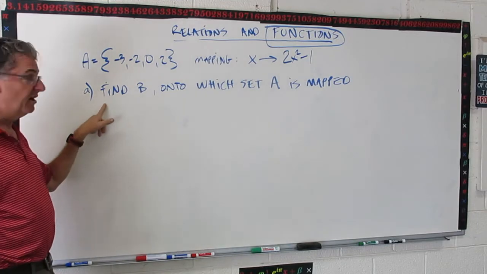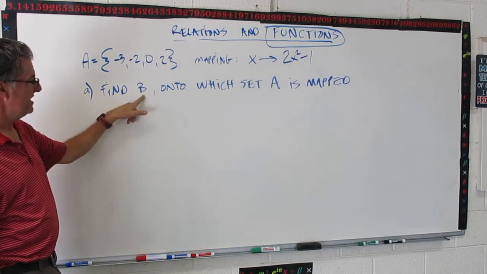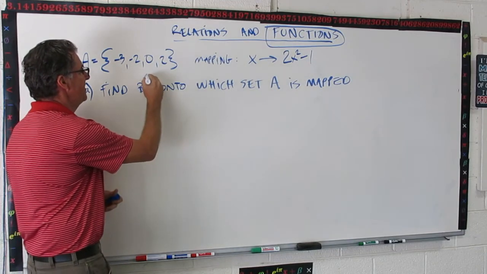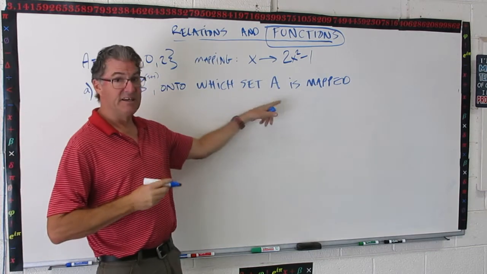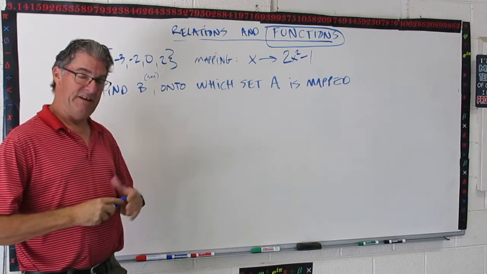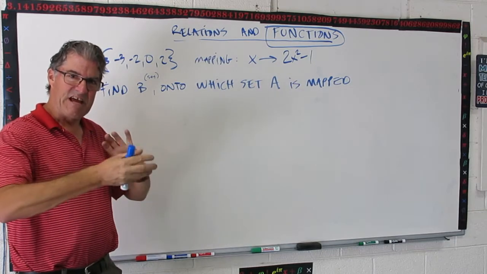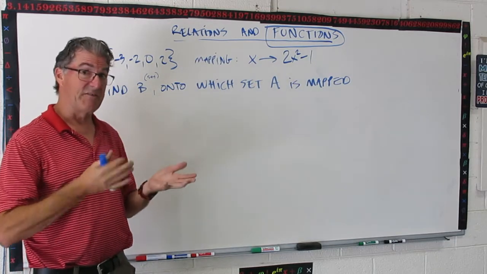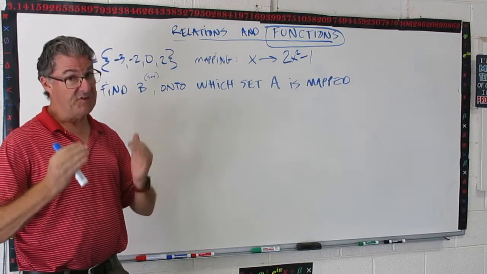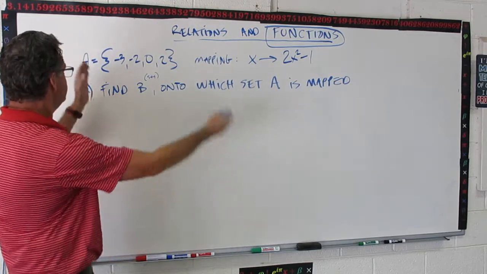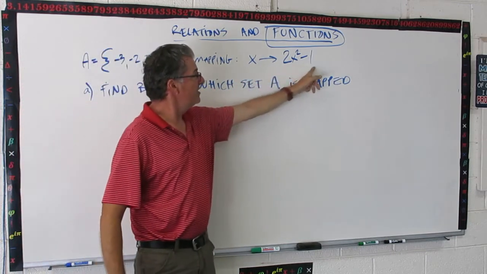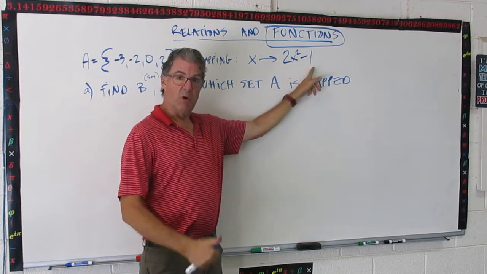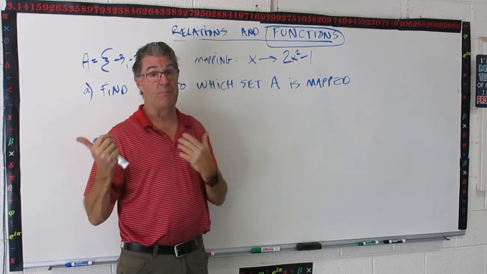The instruction here is to find B, which is a set, onto which set A is mapped. Now, this is getting kind of dense language. It's not really spelled out in a sort of a step-by-step way. But what they're telling you to do is take every element in set A, run it through these instructions, and what comes out is your set B.